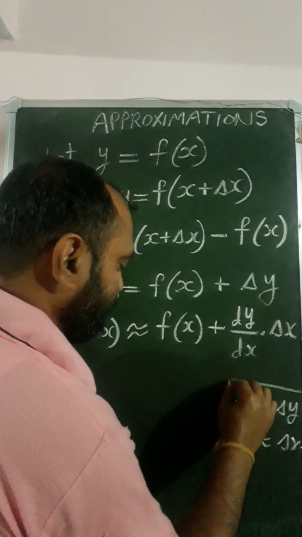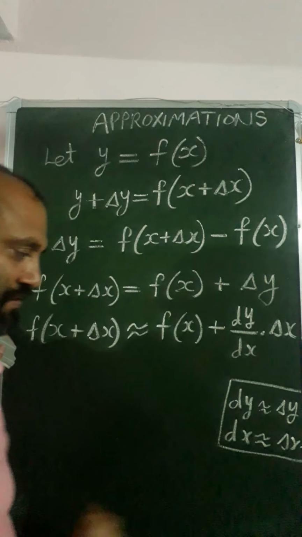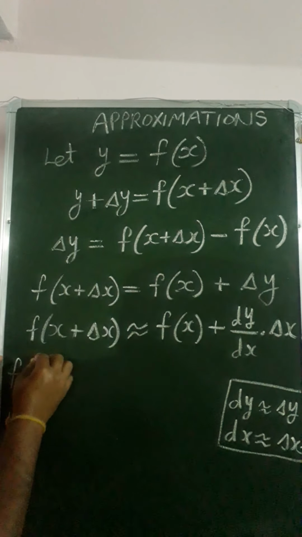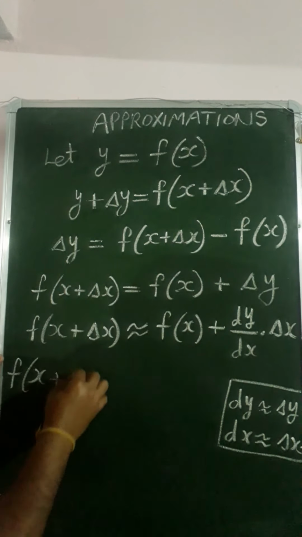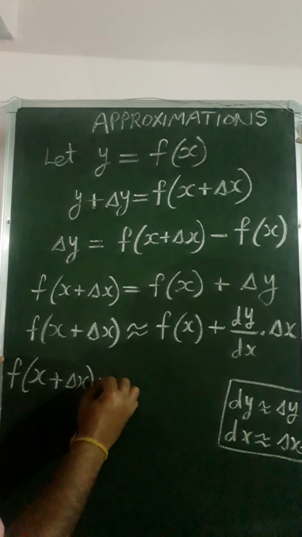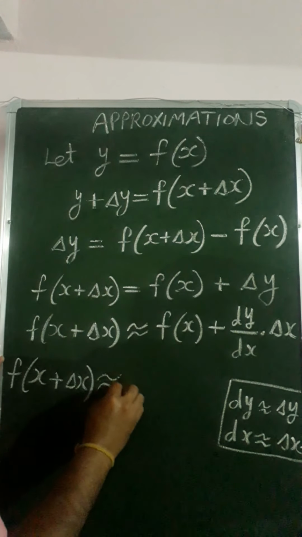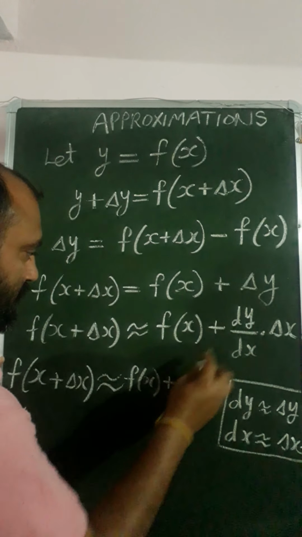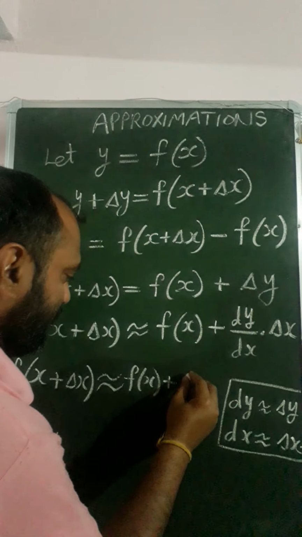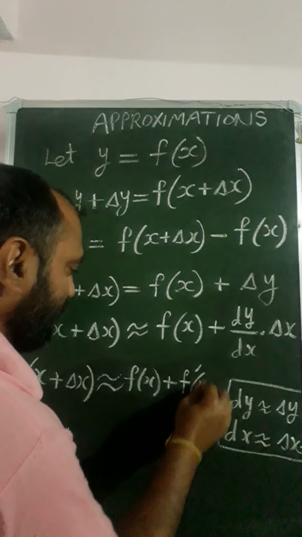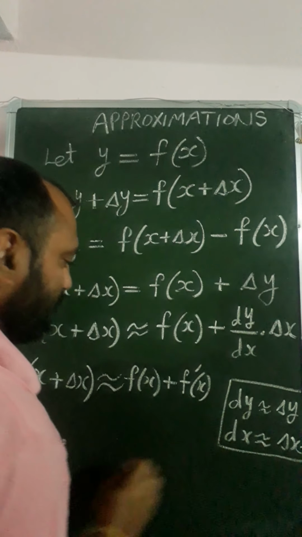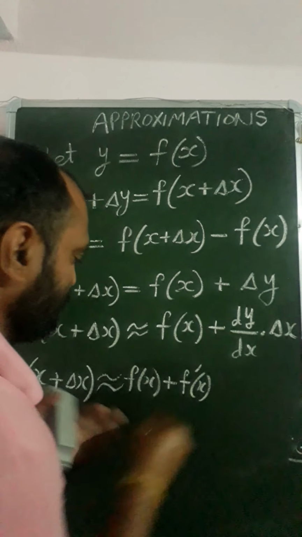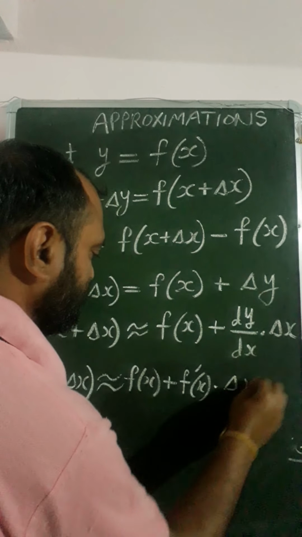So we can use this approximation. Now we have f of x plus delta x is equivalent to f x plus, this dy by dx you can write as f dash x, into delta x.